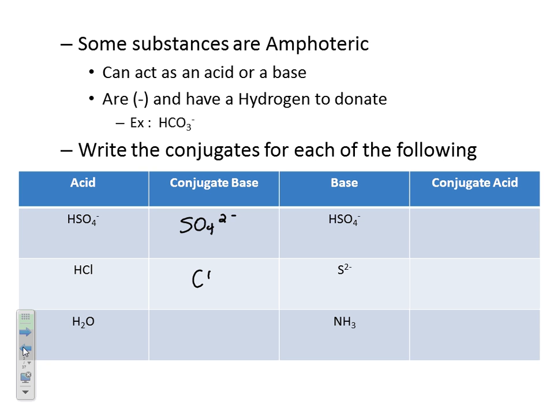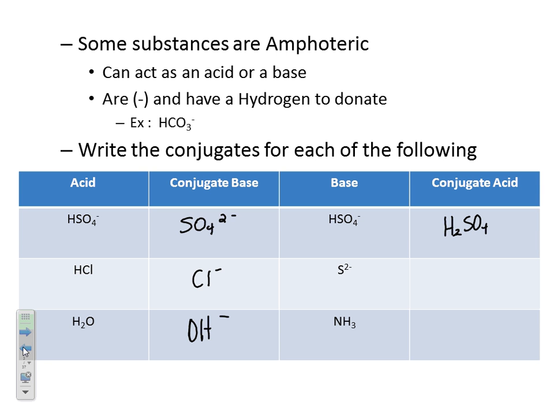Of course, hydrochloric acid, being a strong acid, has the weak conjugate chloride conjugate base. Water as an acid is a weak acid and therefore has the very strong conjugate of hydroxide. Bisulfate ion acting as a base is going to accept a hydrogen and make sulfuric acid.